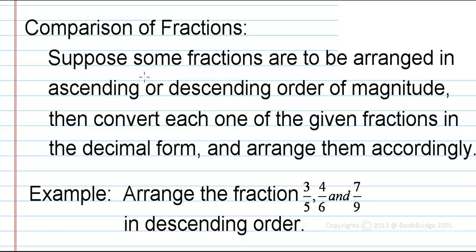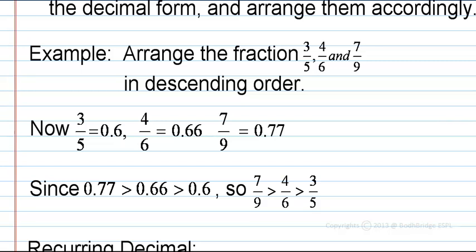See the example: arrange the fractions 3 by 5, 4 by 6 and 7 by 9 in descending order. Descending order means you arrange the numbers from the largest to smallest. It is very hard for us to arrange 3 by 5, 4 by 6 and 7 by 9 directly.